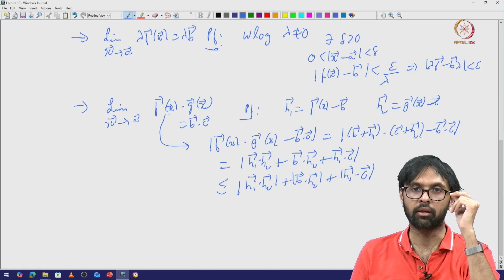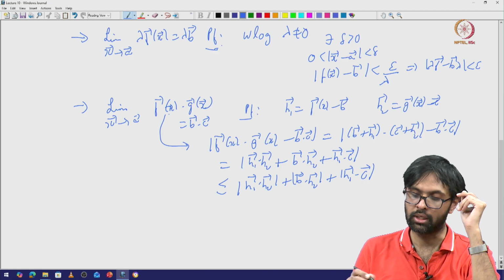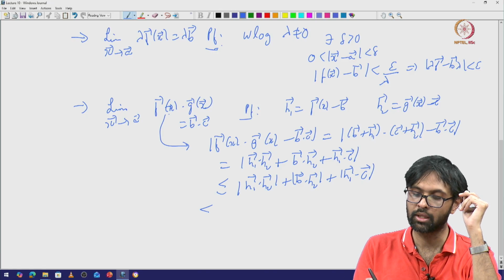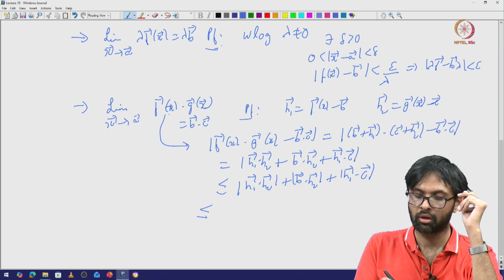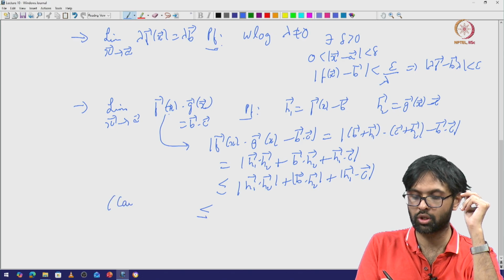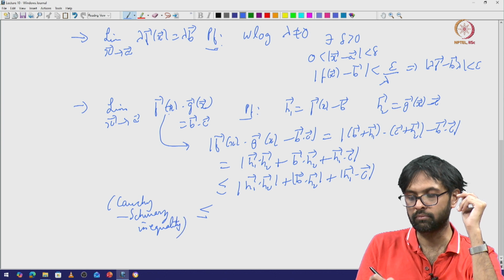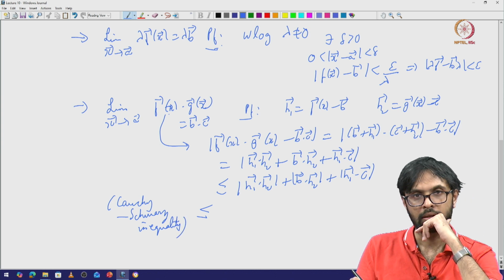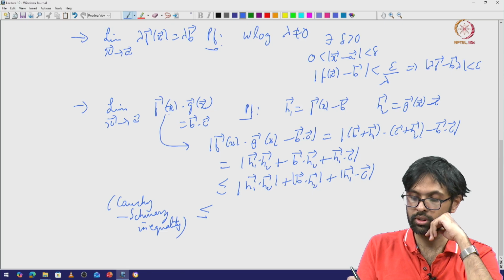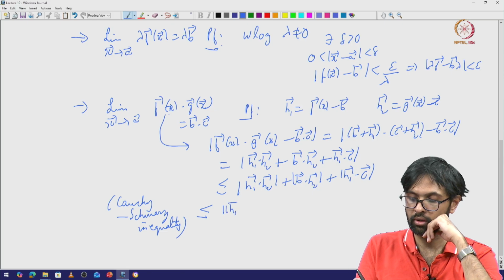The only little thing in multivariable calculus is in this step, the Cauchy-Schwarz inequality. So the Cauchy-Schwarz inequality would say that this is less than the product of the norms.